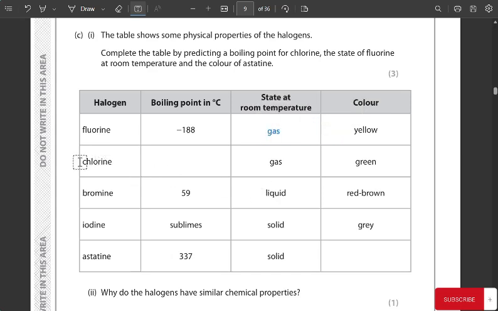And chlorine comes after fluorine and before bromine, which means that it should have a boiling point between fluorine and bromine. That's why we can put a value between minus 188 and plus 59. We can randomly put the boiling point. I will write minus 120.